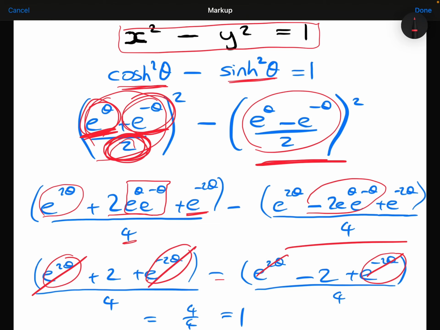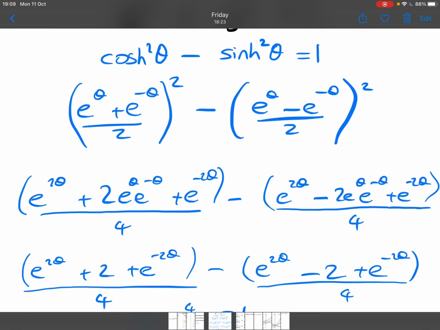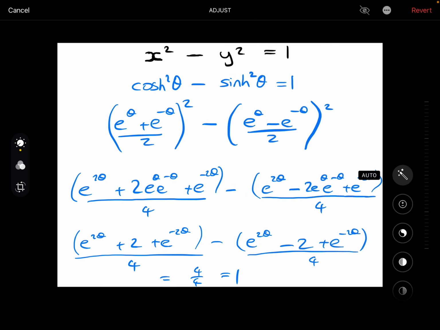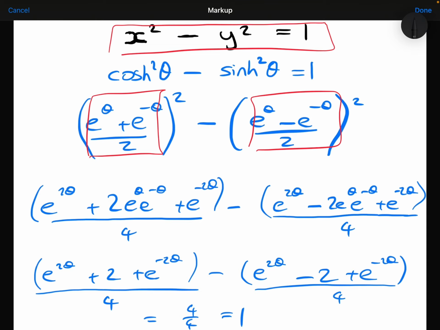And so I just get left with 2 minus minus 2, which is 4, over 4, which is 1. And so we can see then that these exponential forms of cosh and sinh do work with the hyperbola. They are valid definitions for cosh and sinh in terms of exponentials.